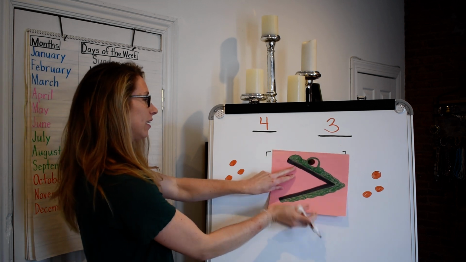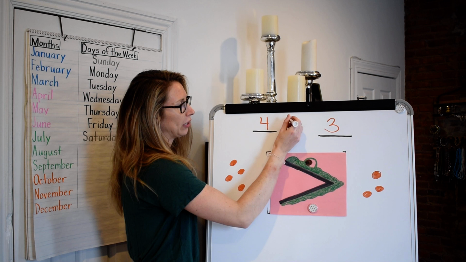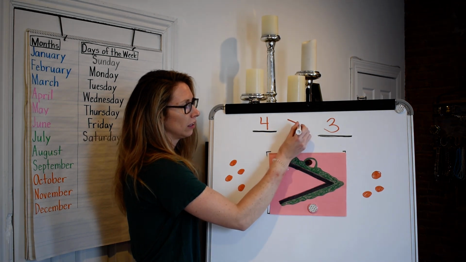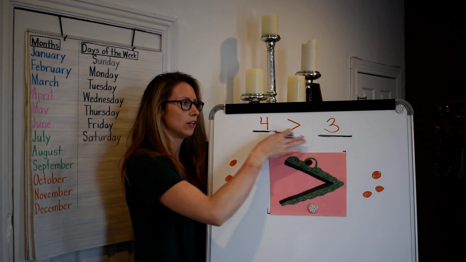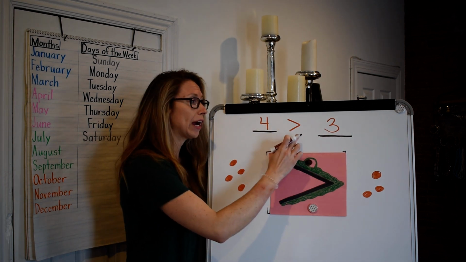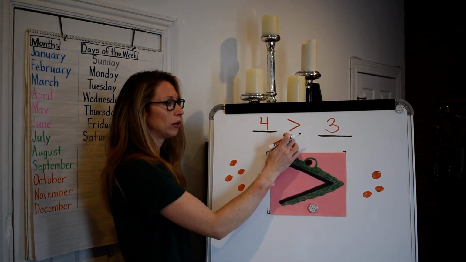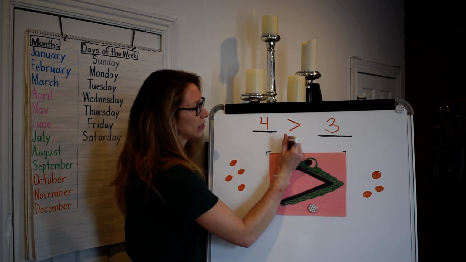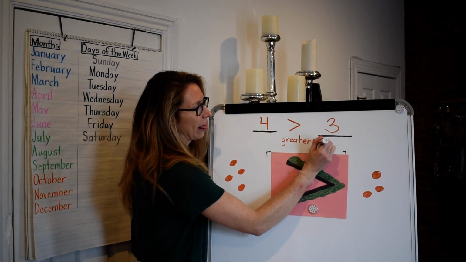Correct. He would eat 4. So our symbol here would be 4 > 3. And we always read our number sentence left to right. So we would say 4 is greater than 3. So anytime a symbol is facing the first number, we would say greater than.